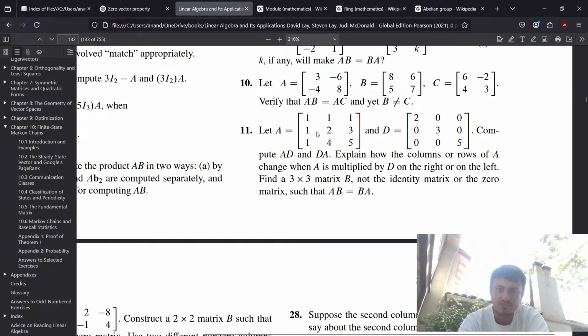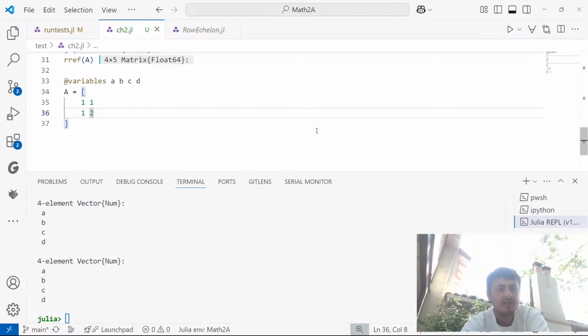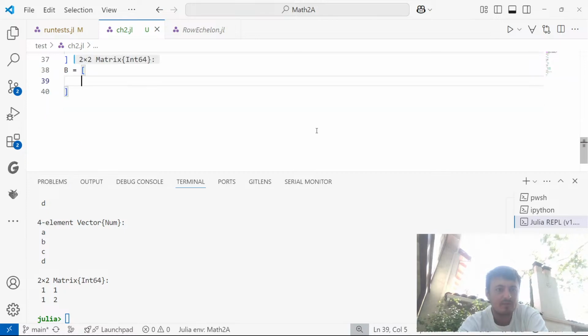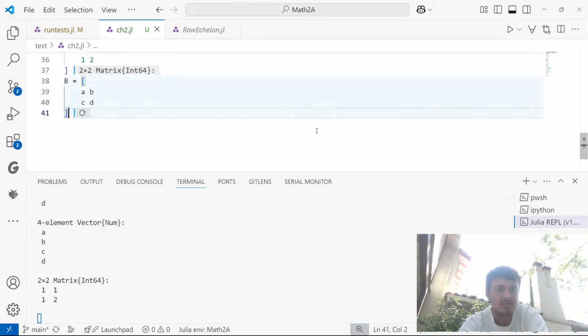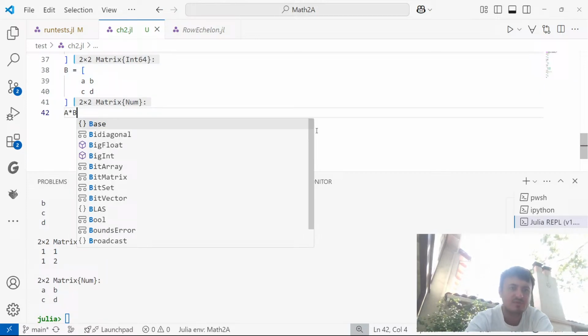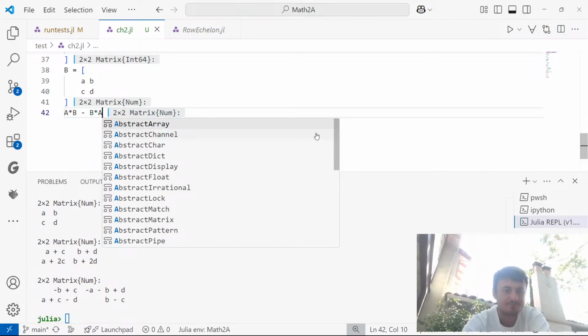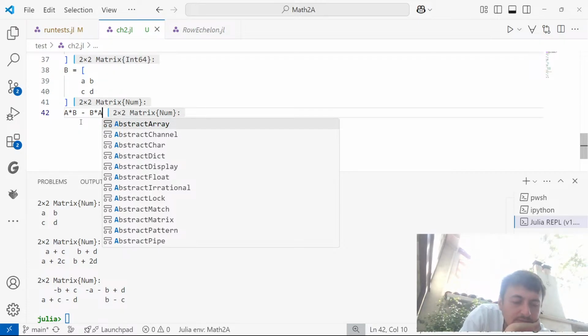We're just taking the first two rows and columns. Then we did B is equal to A, B, C, D. Now A times B minus B times A. So we get this system of equations, and we want to make them all 0, right?